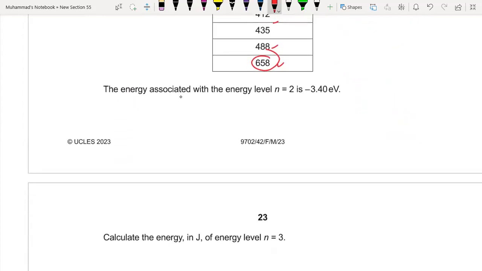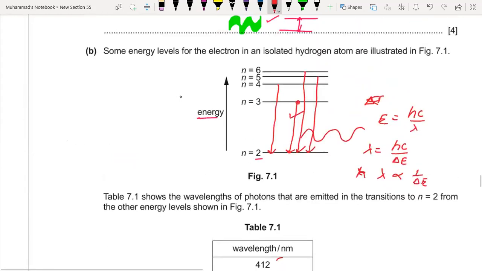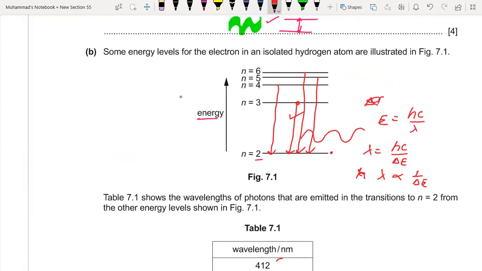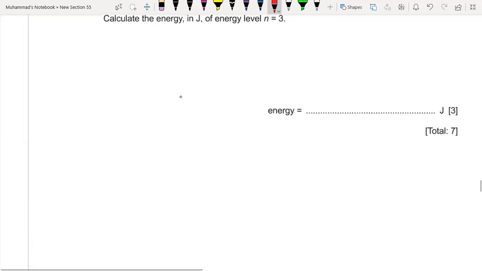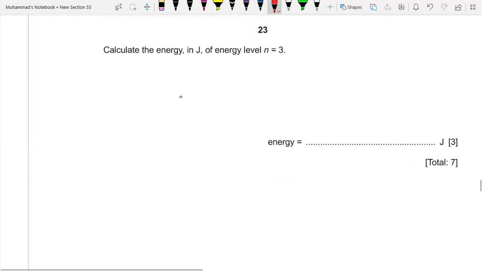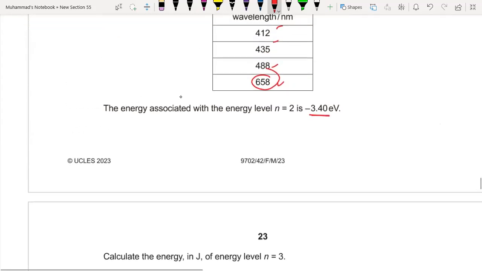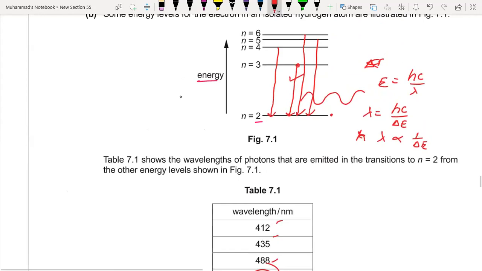The energy associated with the energy level N2 is this. So the energy in this level is given, and we have to calculate the energy in joules of energy level N3. We have to find this energy. E2 is given to us. We have to find E3.